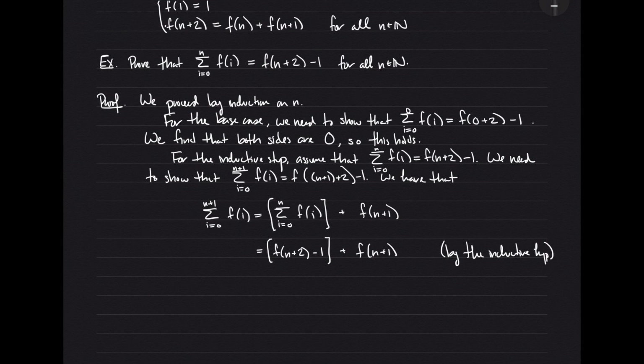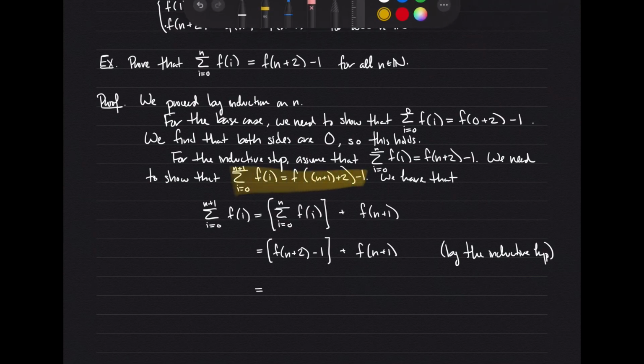We can say that to let people know what's going on. And now we can just calculate. We want to show the right-hand side of our desired equation, that our formula is equal to f of n plus 3 minus 1.